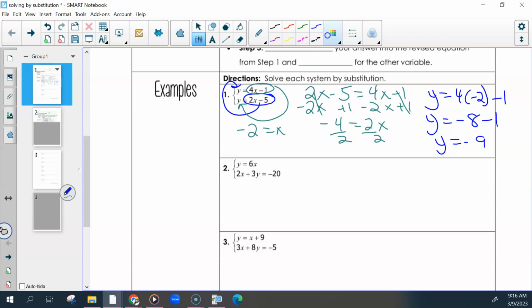The last thing we have to do is put this as an ordered pair. As we were talking about last class, the only 3 types of solutions are 1, an ordered pair, none because of parallel lines, or infinitely many. So our answer would be -2, -9.